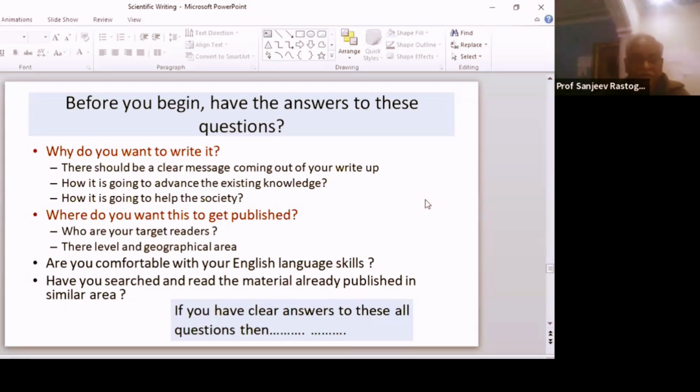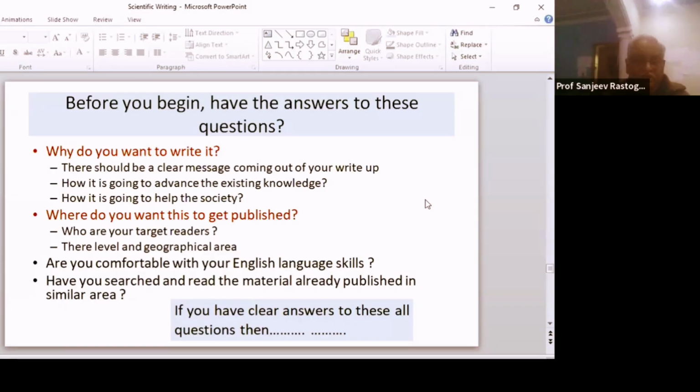Moreover, you need to think of if you are comfortable with your English language skills, because this is something very, very important. Although, lots of software is available these days which can help you refine your manuscript from the perspective of English. So this has not been a big problem these days. And moreover, it is also important to understand that have you searched and read the material already published in the similar area?